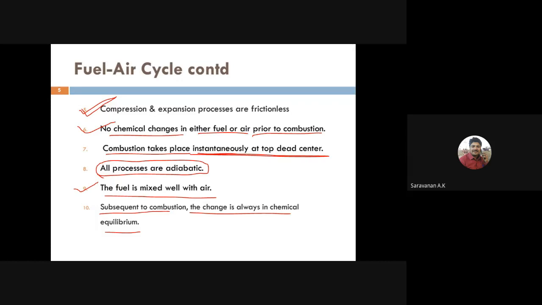That is fuel and air, and the combustion takes place instantaneously at the top dead center, and there is no heat exchange between the gases and the cylinder walls. So that process is called adiabatic, and the entire cycle is considered an adiabatic cycle. The fuel is completely mixed with the air, that is called the fuel air ratio.